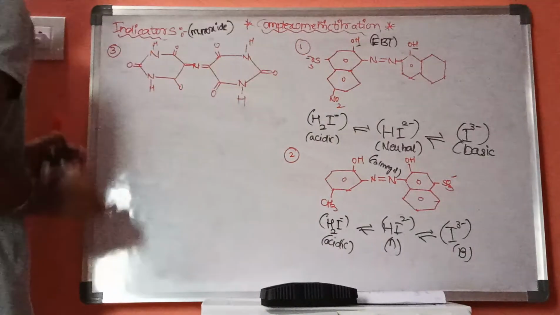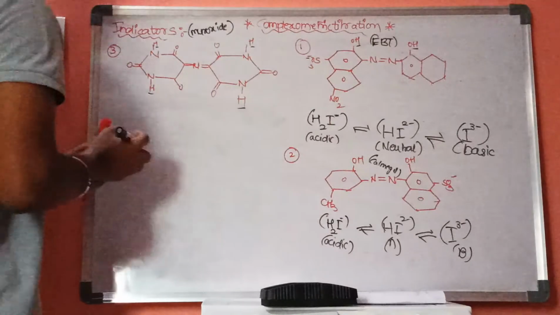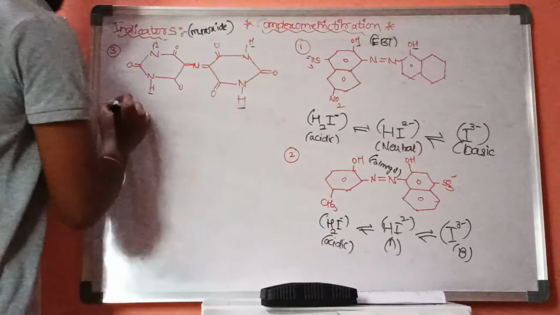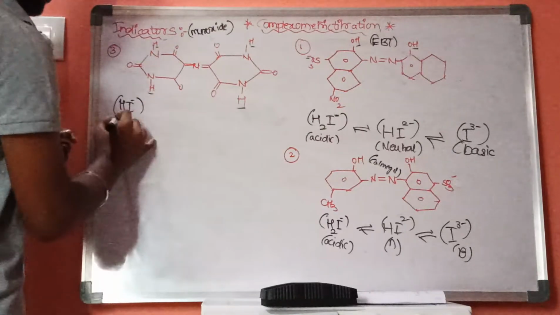In the Murexide structure we can see 4 hydrogen ions. So in acidic medium it is present as H4In minus ions.